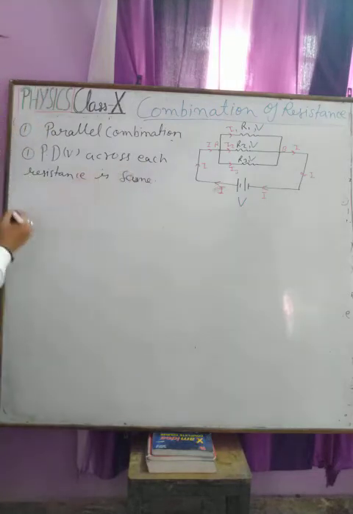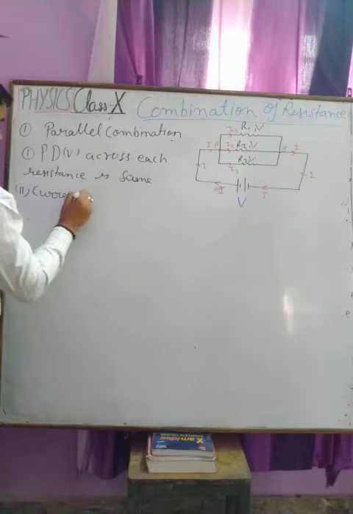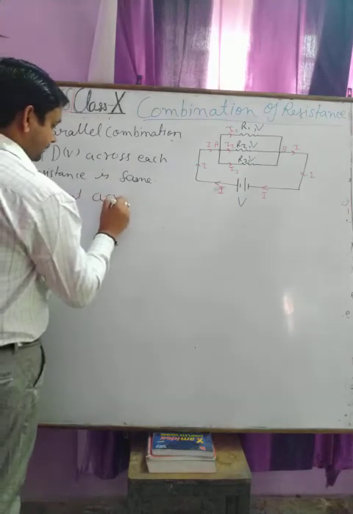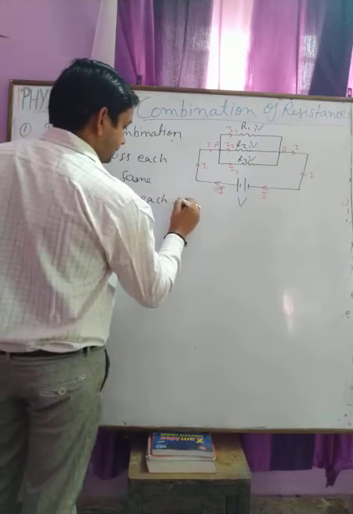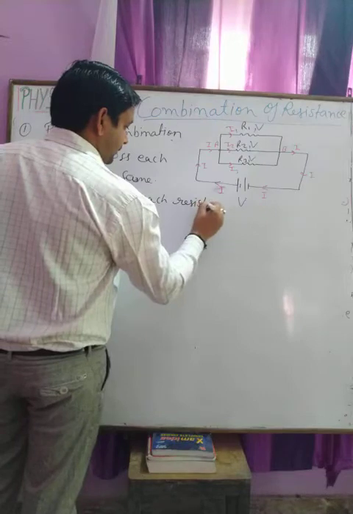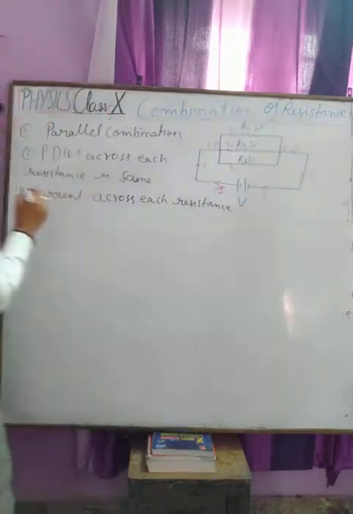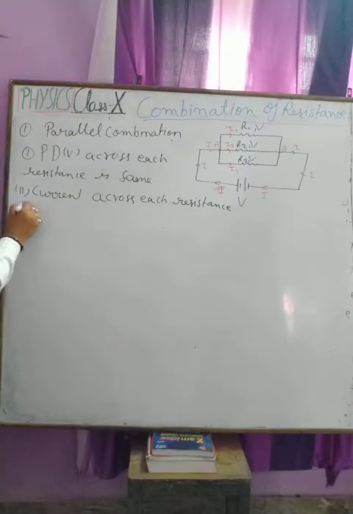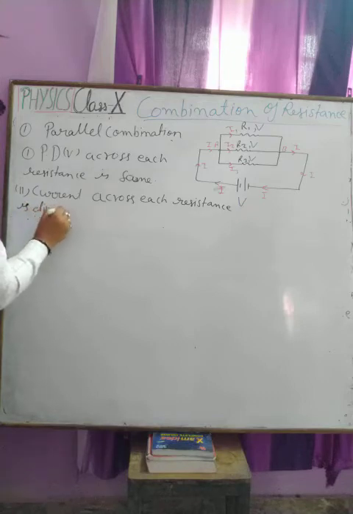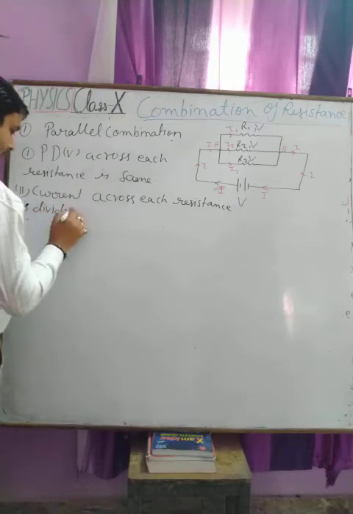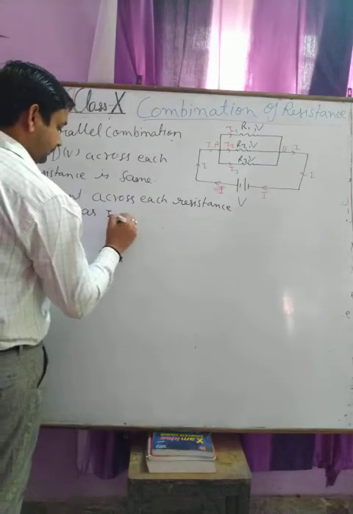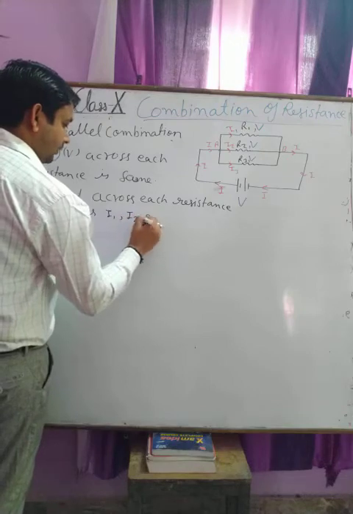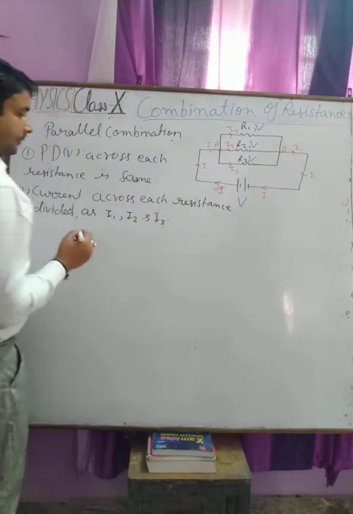Okay. Second, current across each resistance is divided as I1, I2 and I3.